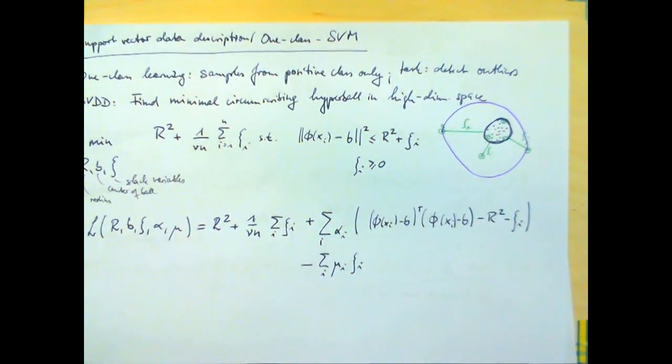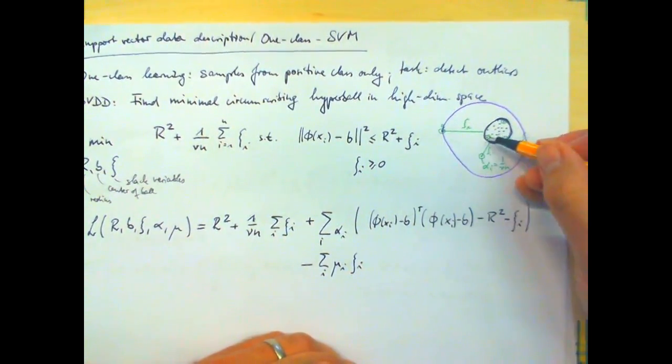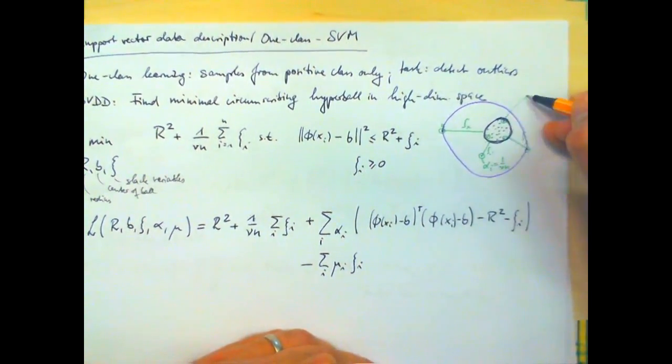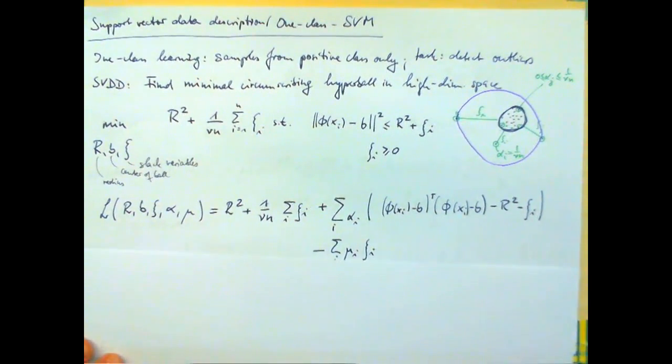So I know that here, for instance, this support vector has taken its maximum value, but the support vectors which lie on the boundary, they have some intermediate value. So larger than 0, but smaller than this upper limit, if this here is sample J. And this condition can be used to find the optimum value of the radius.